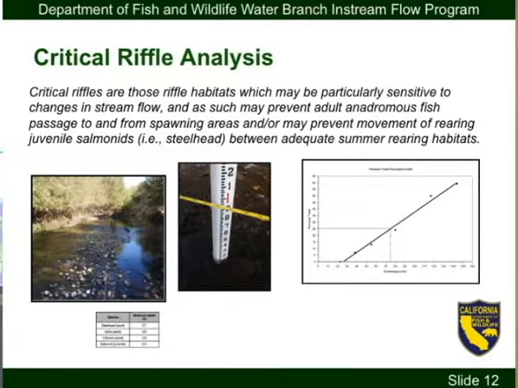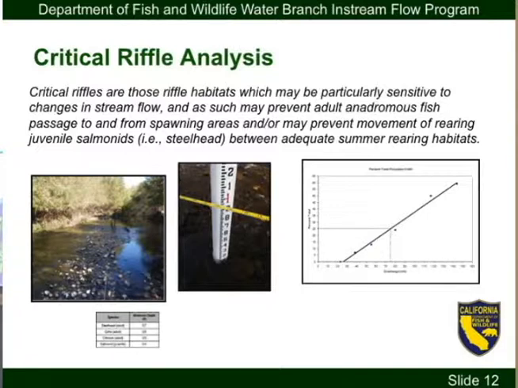The critical riffle analysis basically is a way to look at sites that are particularly sensitive to flows and that may block or disrupt movement of aquatic organisms.